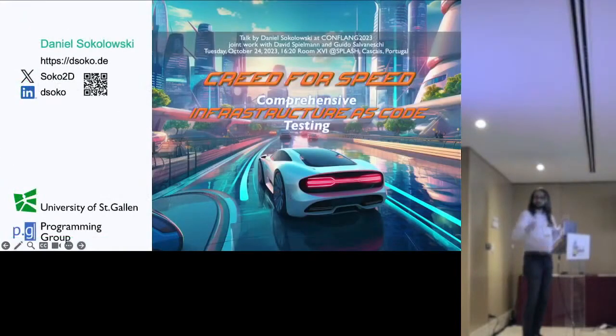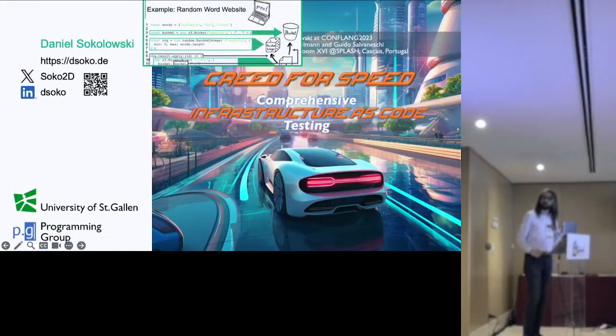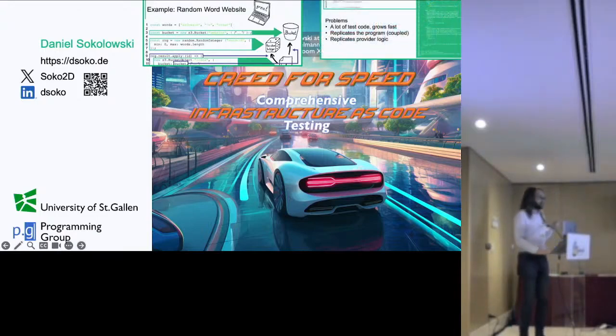With this, I'm at the end of my talk. I provided to you a little example of programming languages infrastructure as code. Then I hopefully convinced you that testing these programs is a bit different and especially more effortful than for traditional software. That's why most likely nobody does it.